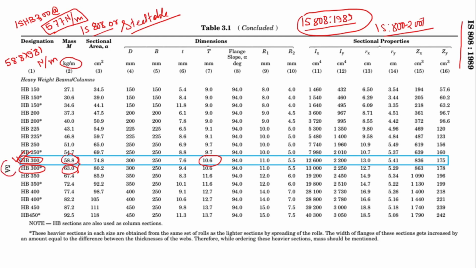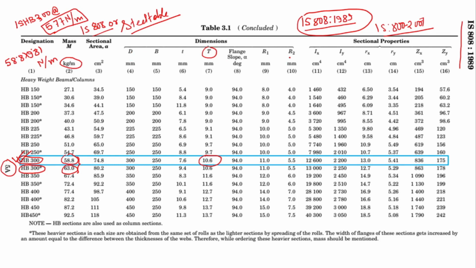this page is 5A, the previous page is page number 5. So you will find which letter denotes which dimension. Suppose capital T is the flange thickness. Like that, all these D, B, T represent some particular dimensions.